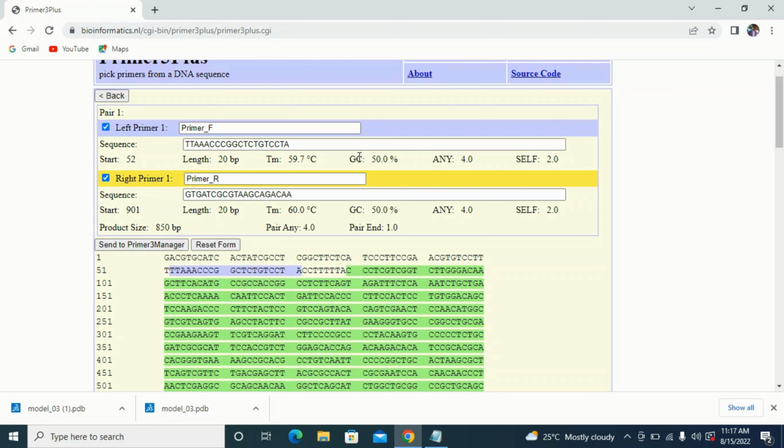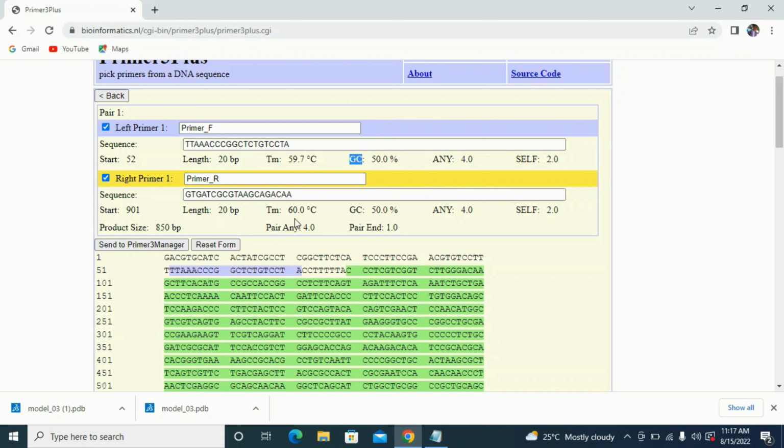The higher the triple bond, the stronger or the more stable the primer, whereas the higher the AT bond, which is a double bond, the lesser the stability. So you must have at least 50% GC value to have a stable primer. From what we have here, our GC value is 50%, which is fine.